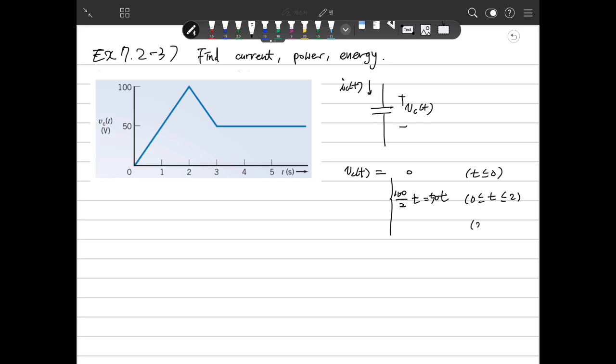And when t is larger than 2 and up to 3, then the value will be minus 50t plus 200 here.